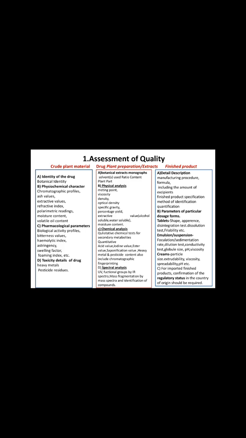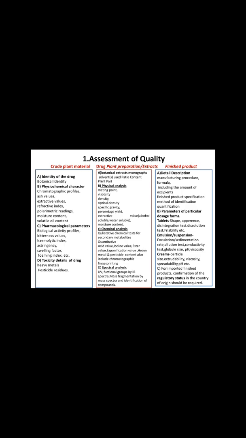Then drug plant preparation or extract, that means the prepared product of the drug. It may include the extract, volatile oil, fixed oil, gum, etc. Finished product. The finished product consists of the plant material or plant preparation along with the excipient.